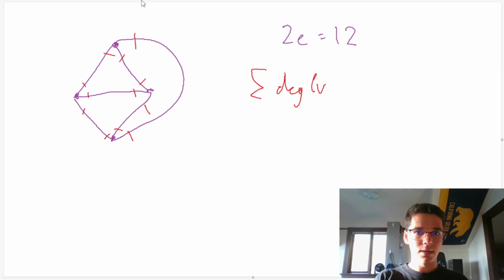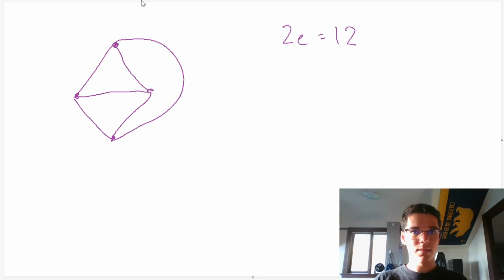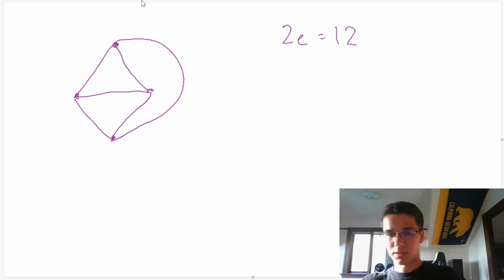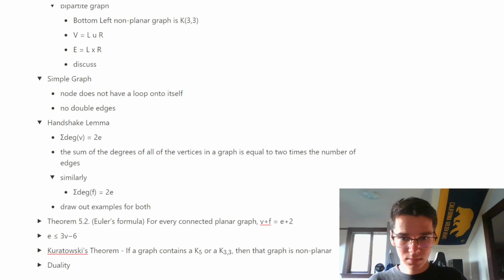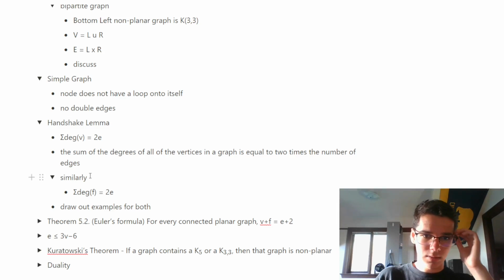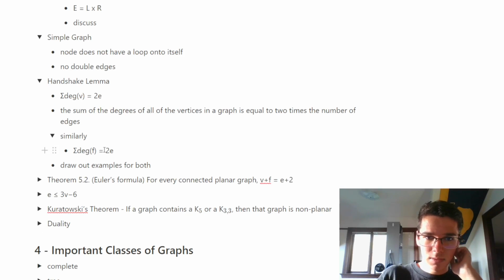Okay. Another interesting thing relates to the faces. Let's see exactly what the note says. Let's switch back over really quick. Yeah, so the sum of the degrees of the faces is also equal to 2e.